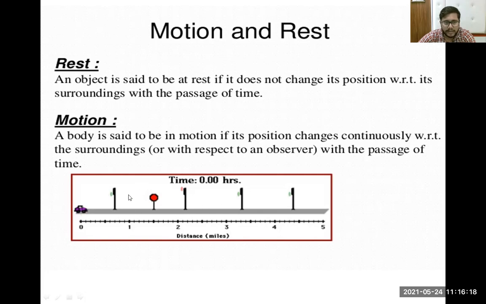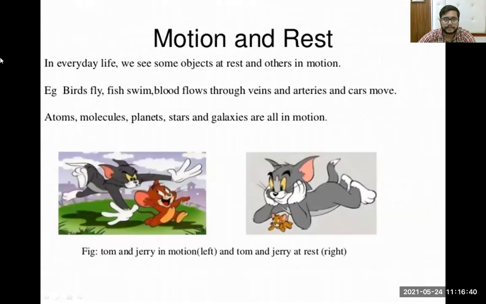So with respect to the surrounding, you can say street light and this signal or signboard, the position of the car is changing. Therefore, you can say the body is in motion. Simple. A very important thing to understand here is that whenever we discuss rest or motion, we will consider the surrounding as well.